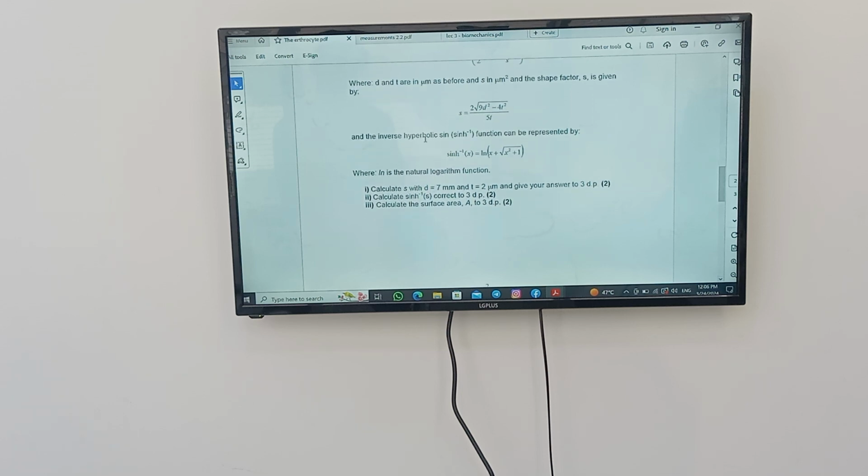The inverse hyperbolic sine, all of this symbol, refers to the inverse hyperbolic sine function, which can be represented by ln, open brackets, x plus the square root of x squared plus 1, where ln is the natural logarithm function. Okay?